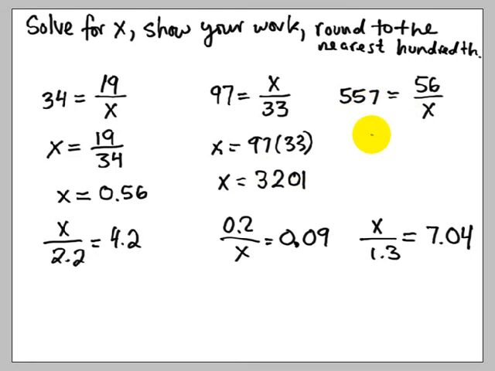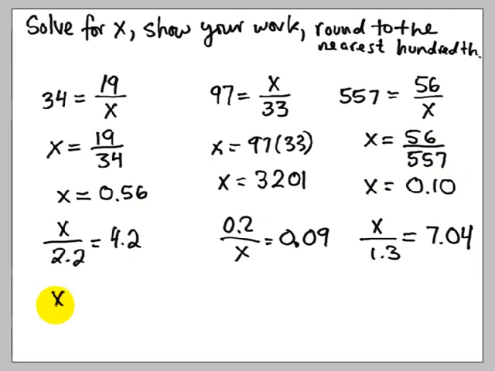Here, x is going to be this divided by that. 56 over 557. What about that? 56 divided by 557. If I round that to the nearest hundredth, I get 0.10. Okay.